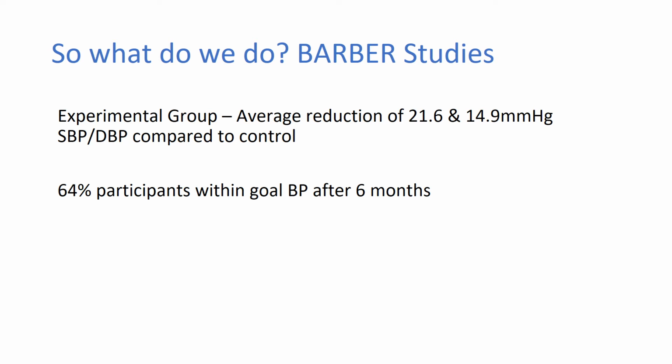Pharmacist-directed therapy led to a drop in blood pressure of 21 millimeters of mercury, and 64% of the participants were within the goal blood pressure, so being below 130/80, compared to just 12% after 6 months. And it's just impressive to see that this somewhat novel approach led to great drops.